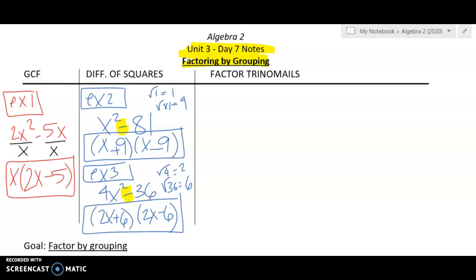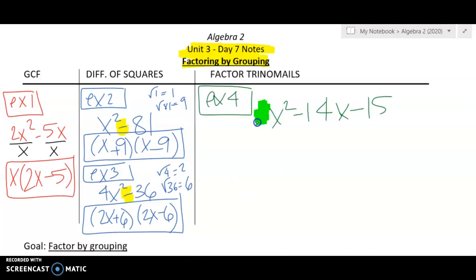And then we spent a couple days factoring trinomials. So let me maybe throw one or two examples here. Example 4, something that we did towards the beginning, is if we have x squared minus 14x minus 15. So this again is a trinomial. It has 3 pieces. Just to point a couple things out to you, this number in the front is technically a 1, which means that this is a little bit easier of a problem. So how we did this is we said what multiplies to 15 and adds to 14.